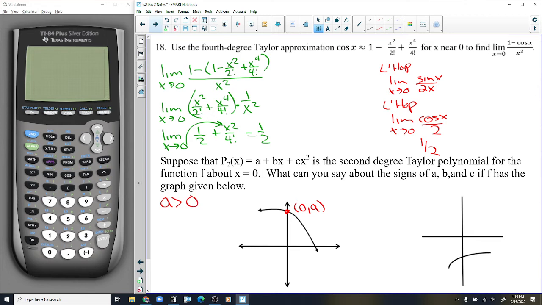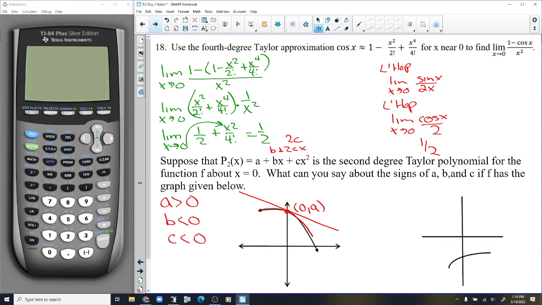If you take the derivative, it's b plus 2cx. Then if you plug in 0, the derivative is b. So b, it looks like it's negative there. We have a negative slope. And then if you take the derivative again, it's 2c. So the concavity seems to be down. So c must be less than 0.